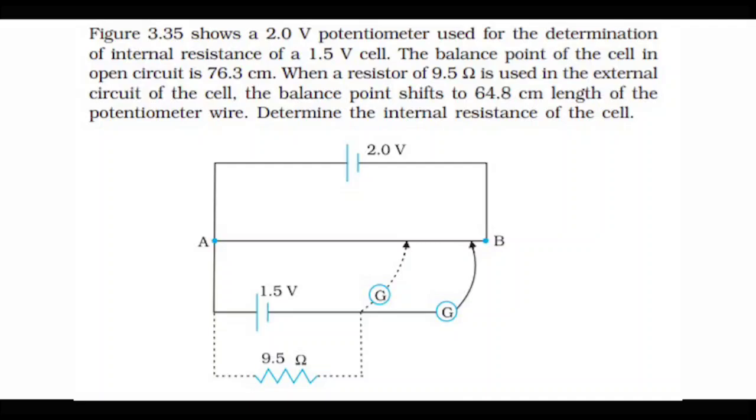So in this problem, we are only bothered about the value of L1, which is equal to 76.3 centimeter, the value of L2, which is equal to 64.8 centimeter, and the value of capital R, that is 9.5 ohm.